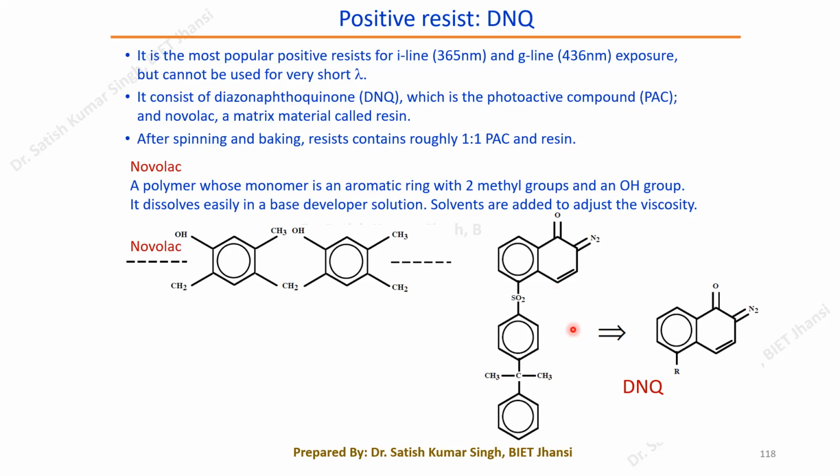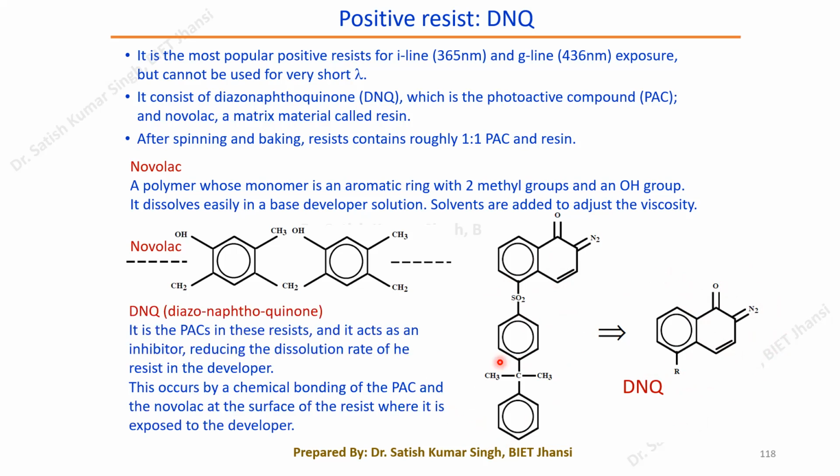So this is our DNQ, in which this R represents this entire bottom part, and the rest is our photoactive, photosensitive part. This is going to be changed by exposing the light.